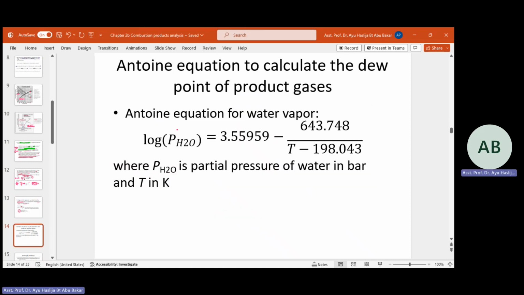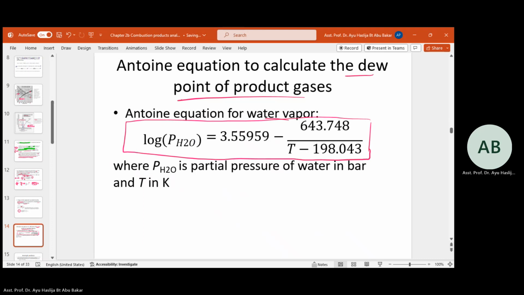Now, Antoine equation. Ini untuk water vapor, to calculate the dew point of product gases. This is the standard equation. Equation ni saya akan bagi. Just need to know how to use it. Okay, where the P H2O over here is partial pressure of the water in bar.